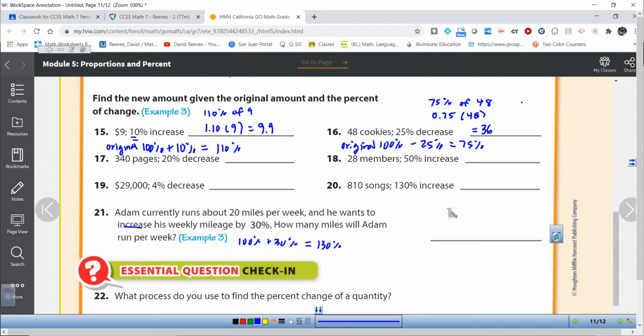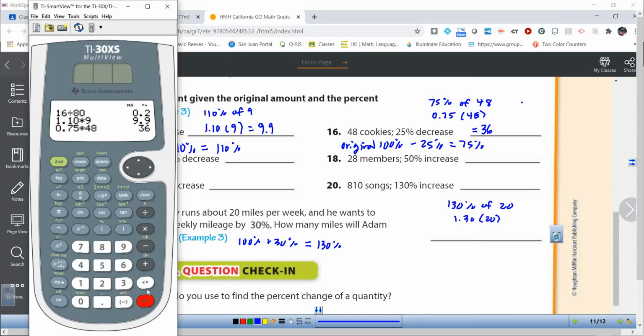We want 130%. What do we want 130% of? We want 130% of what he's doing now, which is 20. So 130% of 20. I'm going to move that decimal. It's going to be 1.30 times 20.